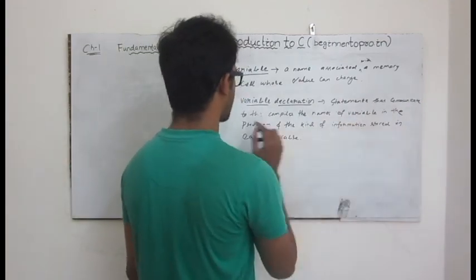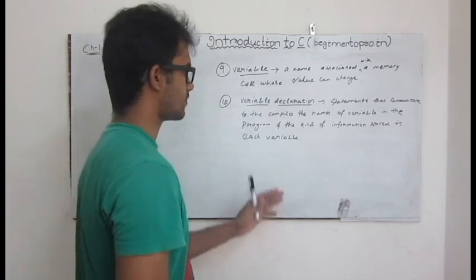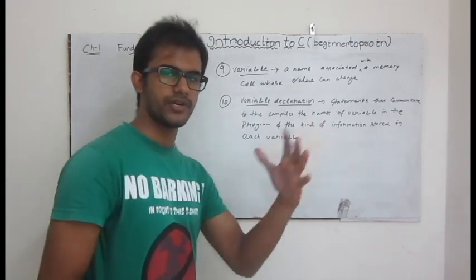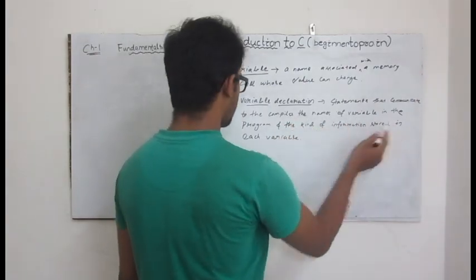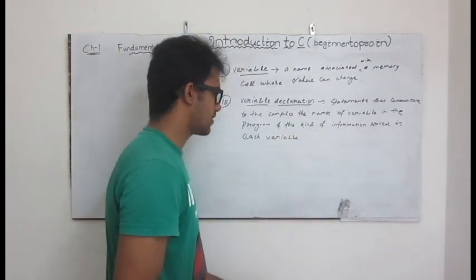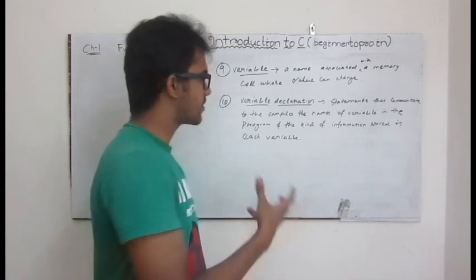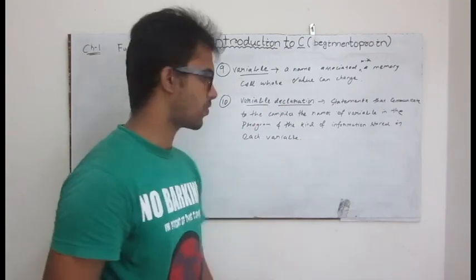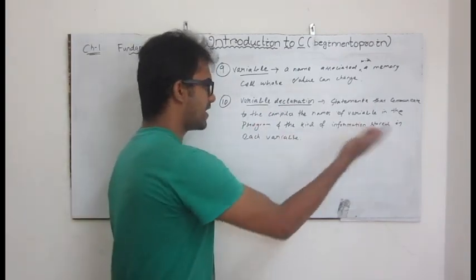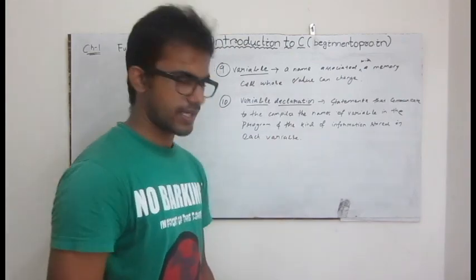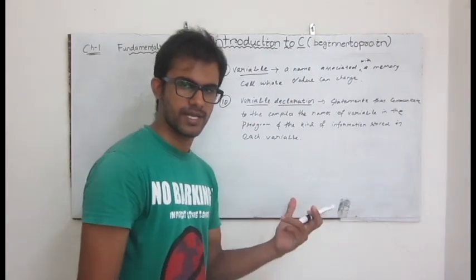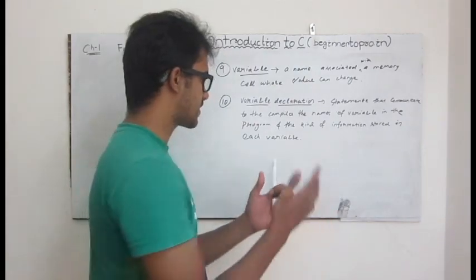Statements that communicate to the compiler. Okay, this is a statement which communicates with the compiler the names of variables in the program. What are the names of variables that are defined in the program, and the kind of information stored in each variable, either it is a double type or integer type.